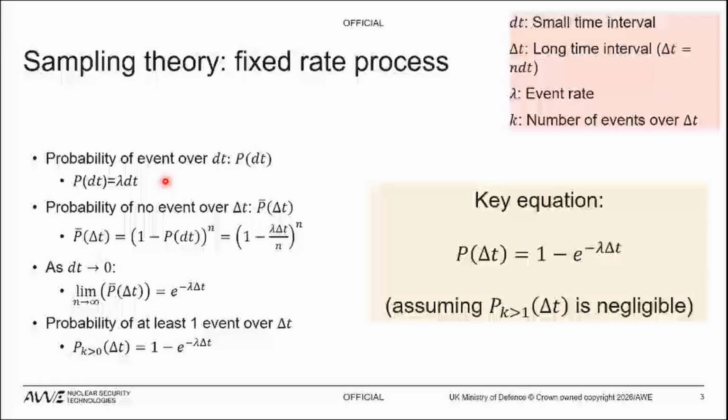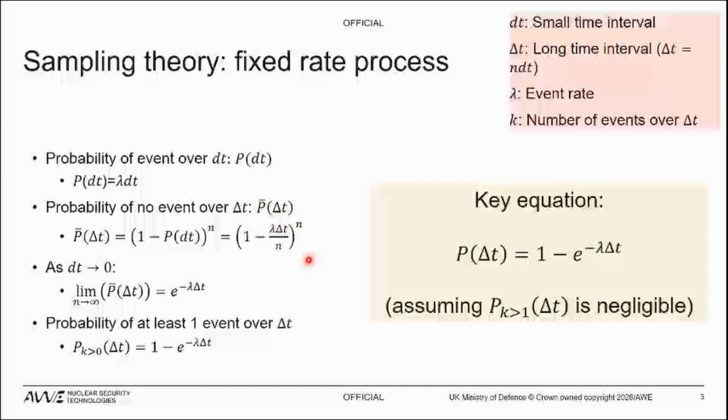That's the jumping off point, which means that the probability of no event happening over a longer time period, big delta t, is equal to the probability of it not happening in a small time period, n times, where n small dt's make a big delta t, which comes out to this expression here.